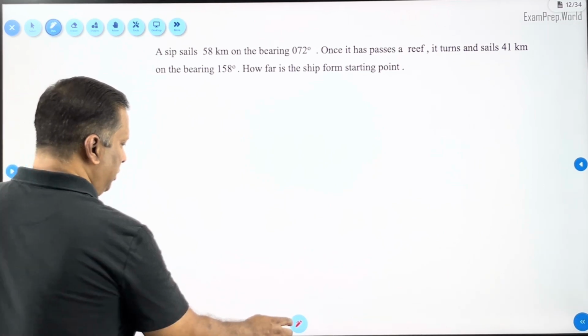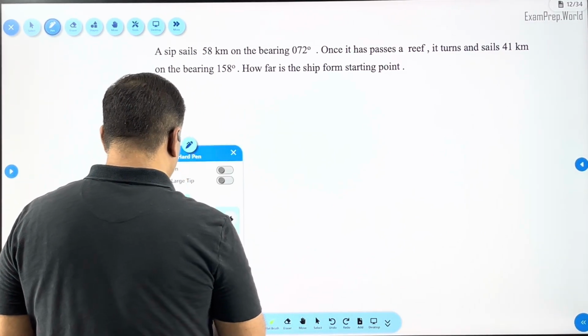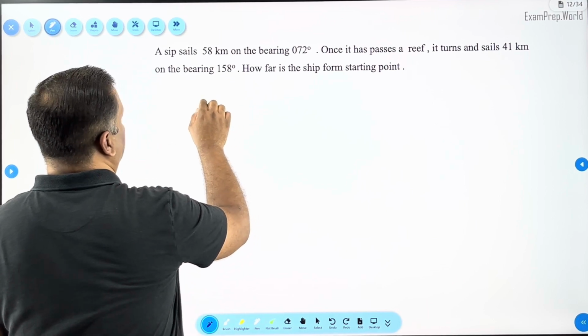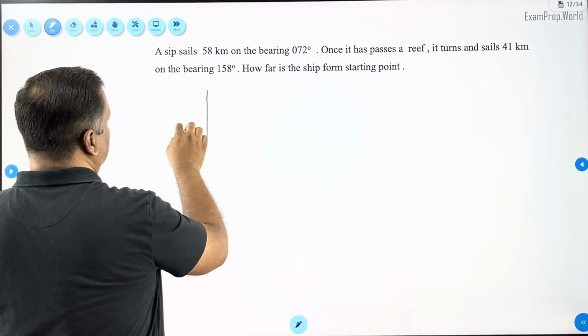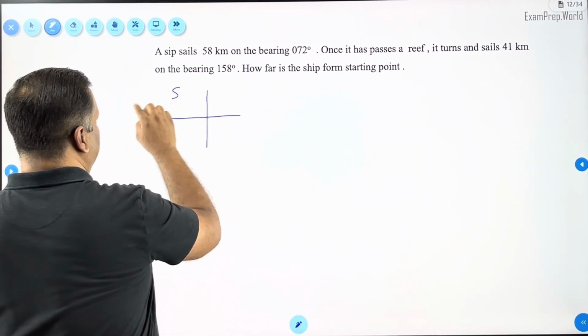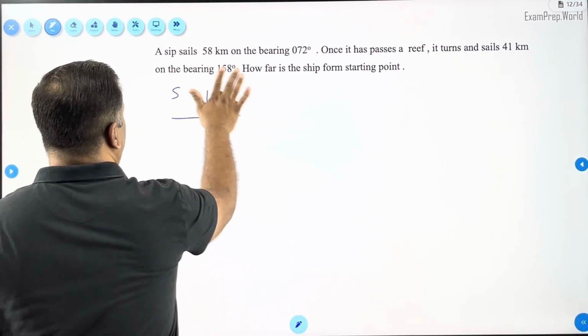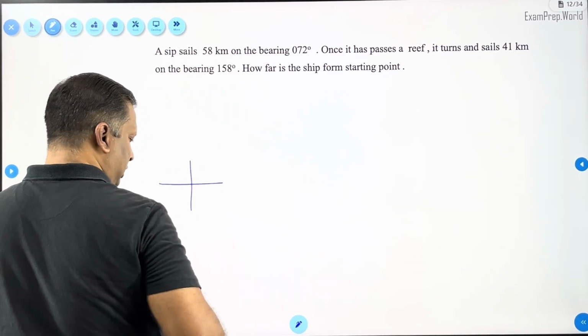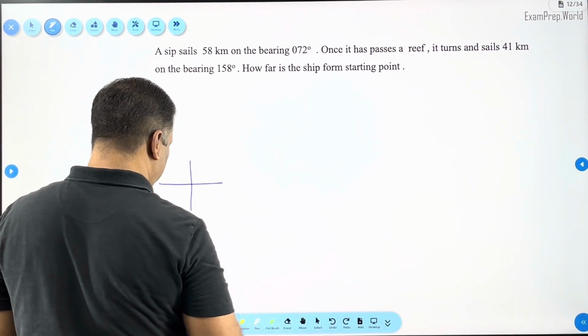So what we should do immediately is draw. I will draw some point, this is my starting point. I'll draw it here so it is more understandable.